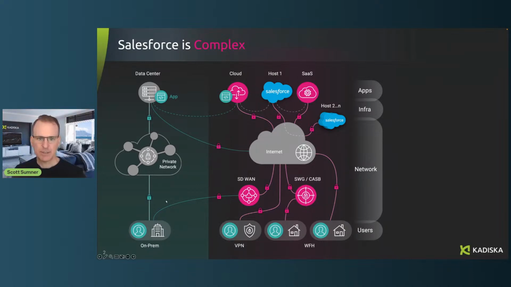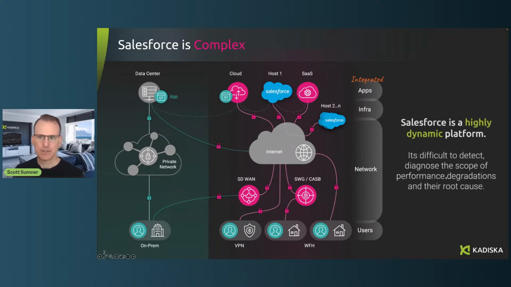So all these different attributes make it extremely difficult to monitor Salesforce because the hosts are diverse, the users are distributed, and the interconnectivity, the network performance, and the devices used to get there are always fluidly changing. We can imagine as Salesforce administrators and people who work with it every day, including the users, there's a lot of frustration involved in trying to pinpoint where problems originate from.